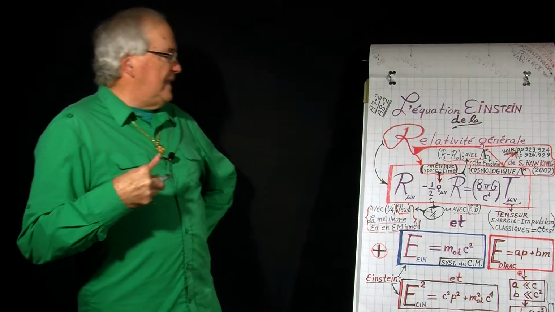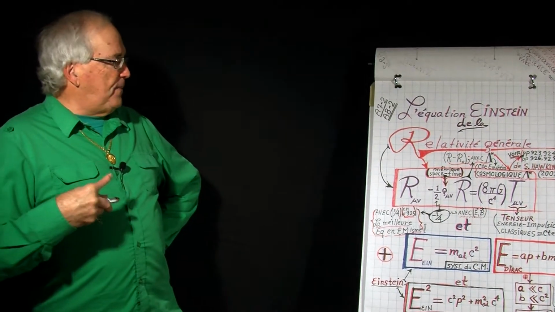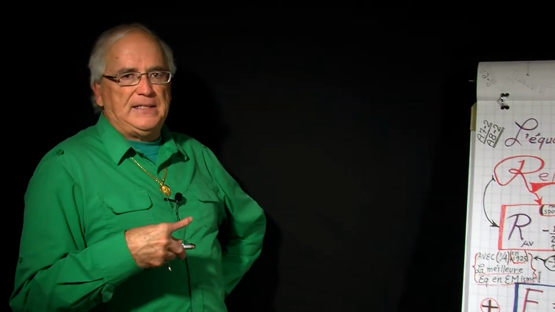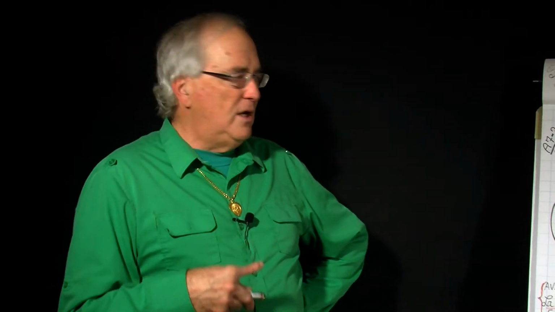Okay, so this is how space becomes a function of time and time a function of space. So we don't talk about just space or time, but we can talk about space-time.